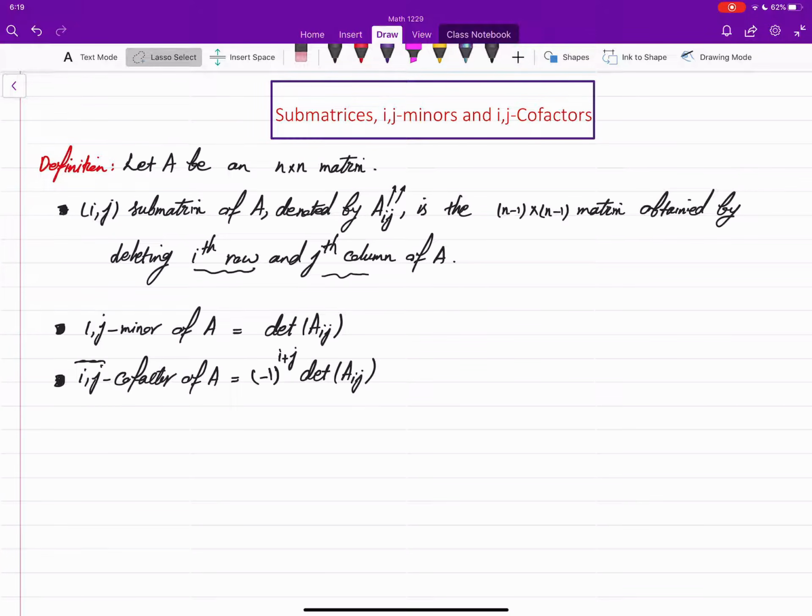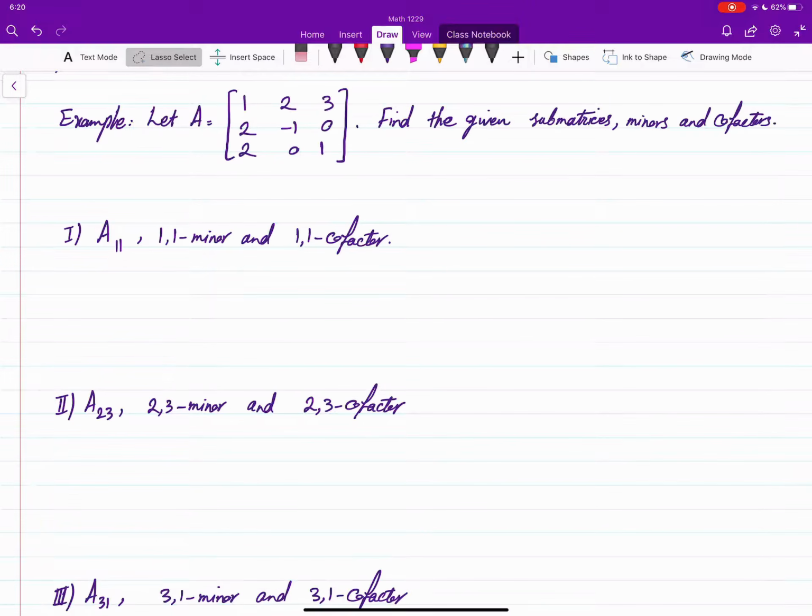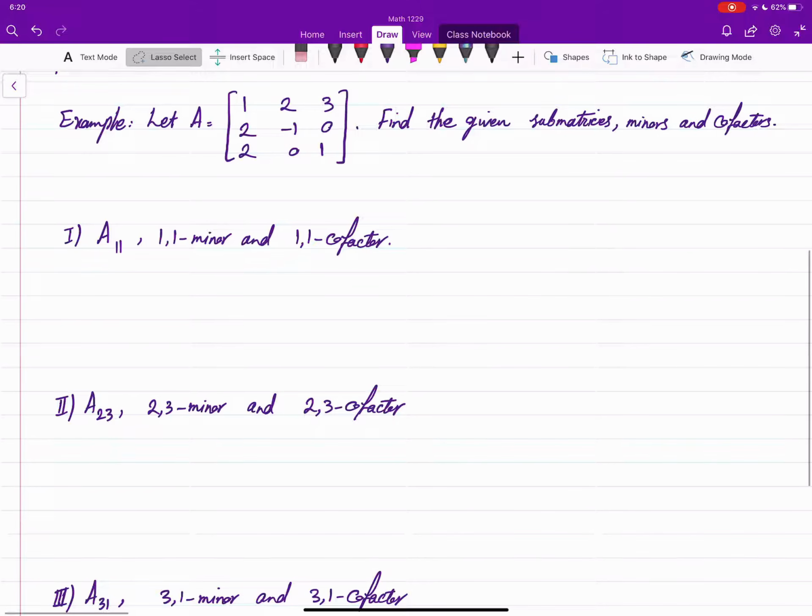Okay, let's do some examples and you'll see in practice what these mean. Here a matrix is given and we are trying to find some of its submatrices, minors and cofactors. Okay, A11. What is A11? It is a submatrix. How do we get it?